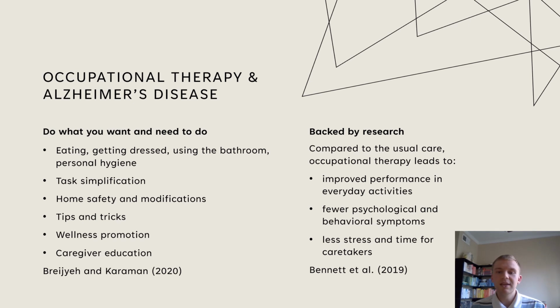Some of those can be memory aids, such as using a calendar, a list, an alarm, writing things down, and things like that. And then also just overall wellness promotion. We can help with coming up with an appropriate exercise plan or various ways to become a little bit more healthy in the way that we live. And then also caregiver education can be another role that occupational therapists can play.